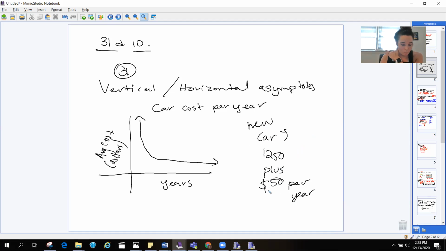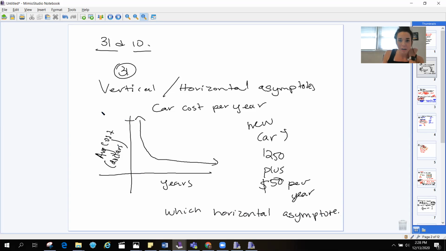Okay, the question is going to be something along the lines of which of the following best explains the graph as it approaches the horizontal asymptote. So remember, horizontal asymptote goes side to side, right?